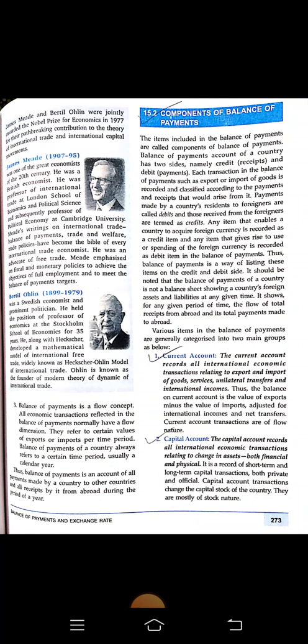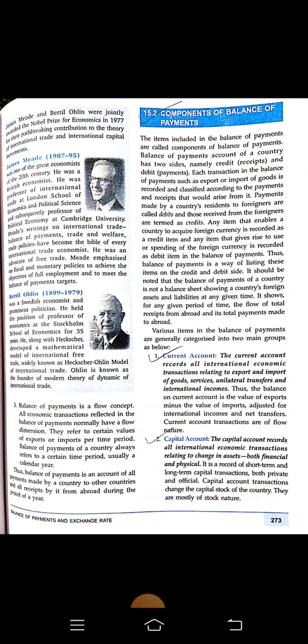The current account records all international economic transactions related to import and export of goods, services, unilateral transfers, and international income. Thus the balance of current account is the value of export minus the value of import adjusted for international income and net transfers.